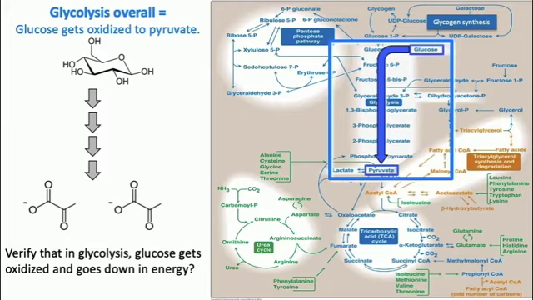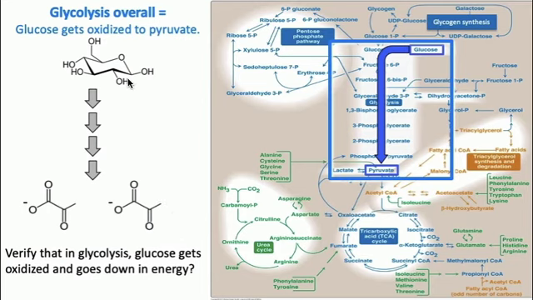This is fairly simple. All you have to do is look at the number of carbon atoms. We know glucose has 6, 1, 2, 3, 4, 5, 6, and pyruvate has 3, 1, 2, 3. The hexose is cleaved into 2 trioses, but you have the same number of carbon in all.